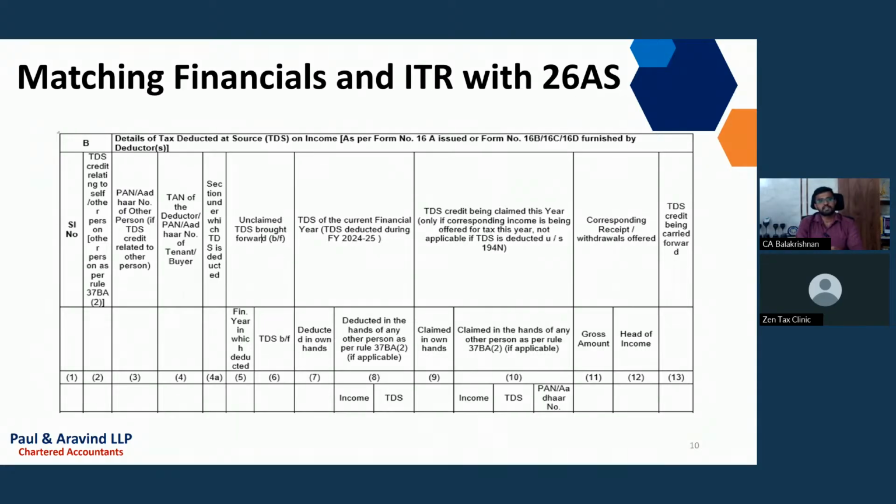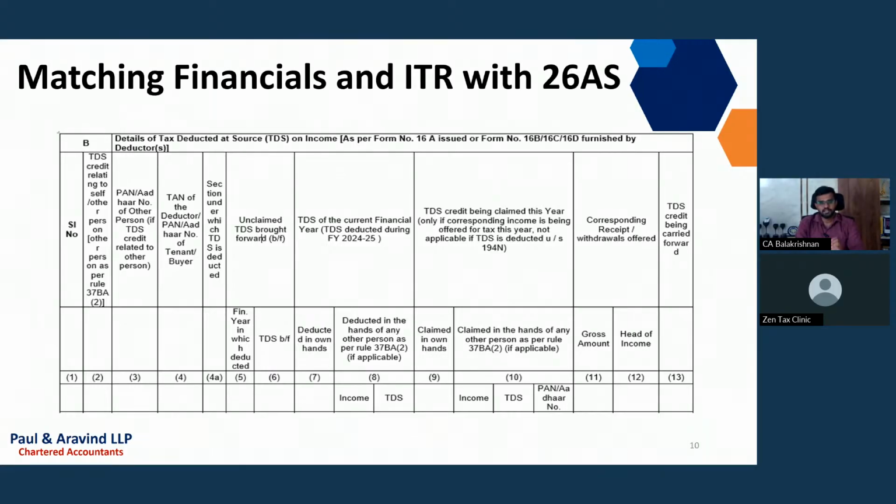In the financial year 24-25, we have received that income and accounted that income. Then that will be reported in this. The best example is for construction contracts. We need to offer income at the time of completion of the contract.